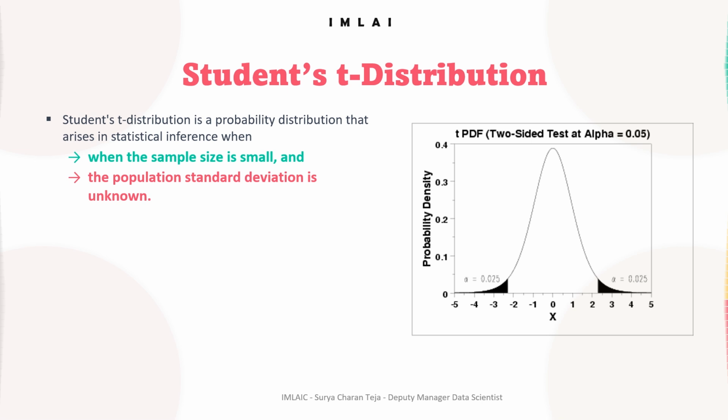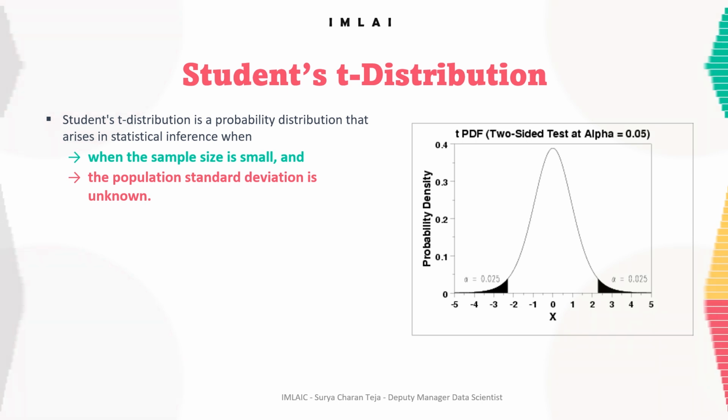In most cases you will not know the standard deviation of the population, because you will never be doing the complete survey on the population. You will take a sample, and on the sample you will be doing the survey.